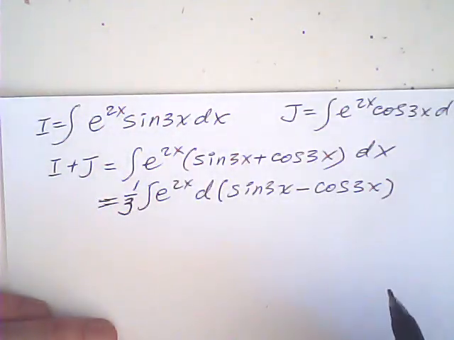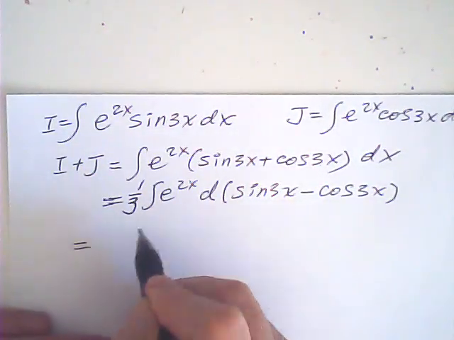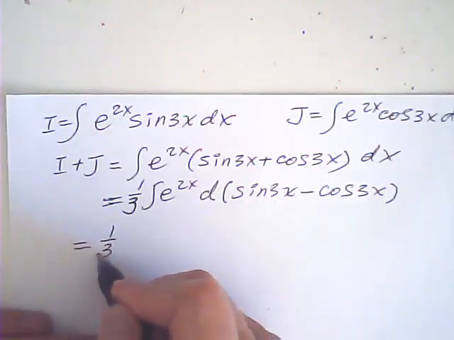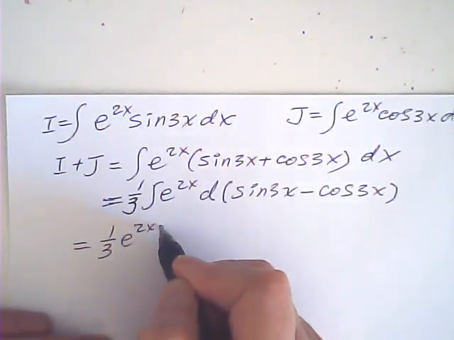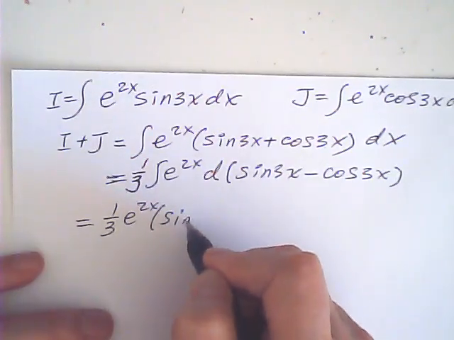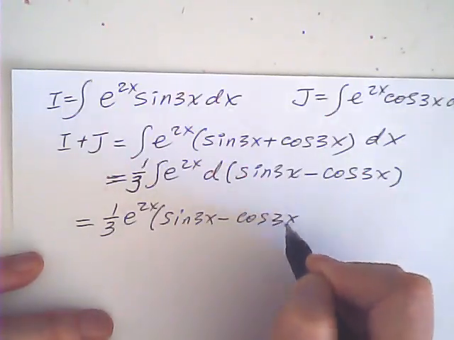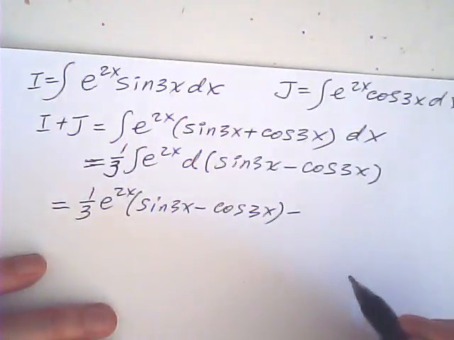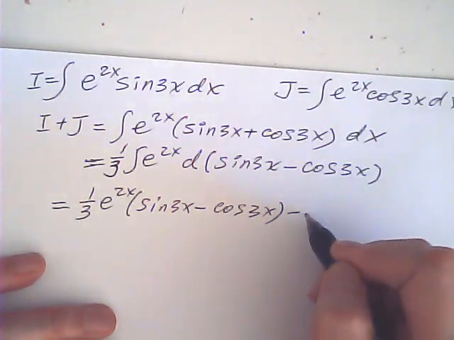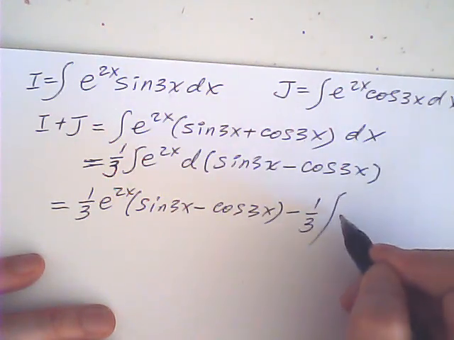Okay. So this will be equal to 1/3 e to the 2x times uv, right? u times v minus v du.